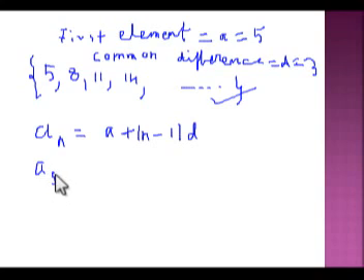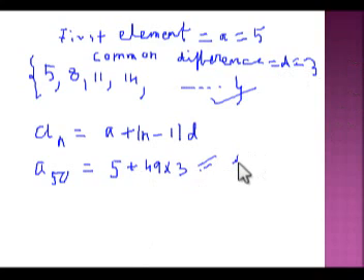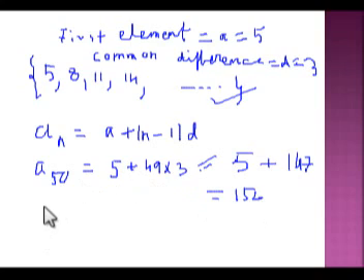A50: the first element is 5, n minus 1 is 49, and D is 3. If we calculate it, it will be 147, and 5 plus 147 is 152. So this is the 50th term of the progression.